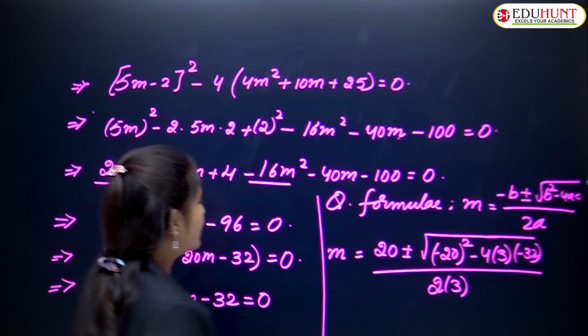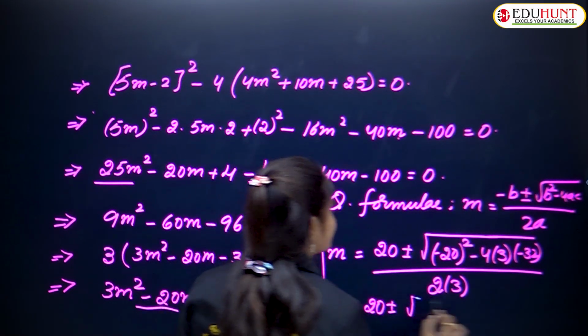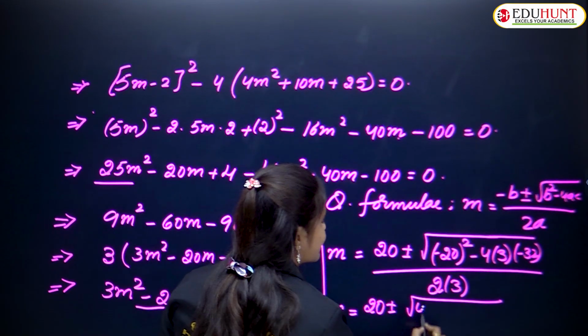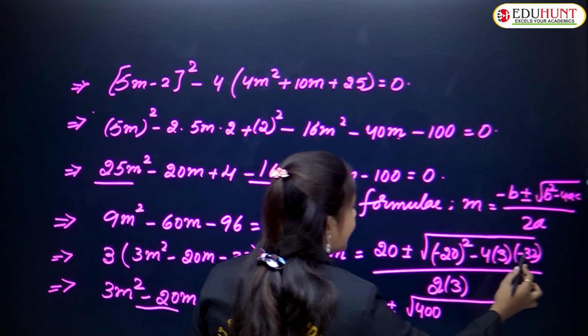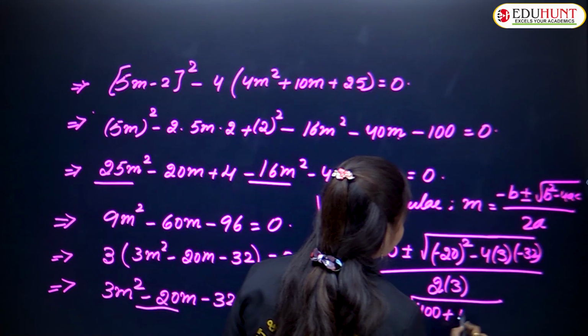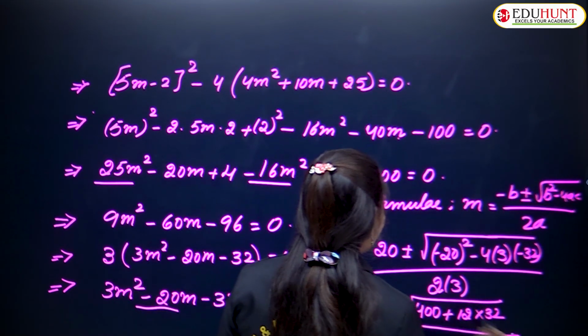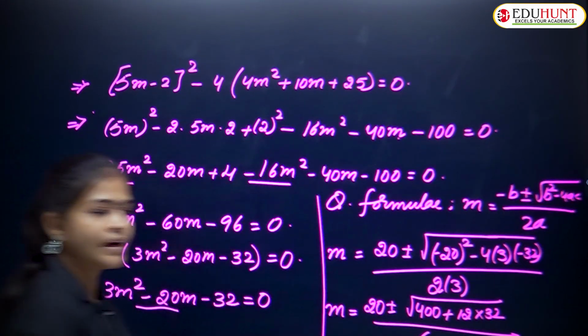Okay, so simplify this. m is equal to 20 plus or minus square root of 20 square is 400, and minus into minus is a plus. Here 4 3's are 12, so 12 into 32, whole by 2 3's are 6. Understand?